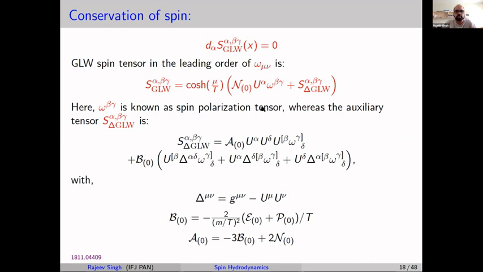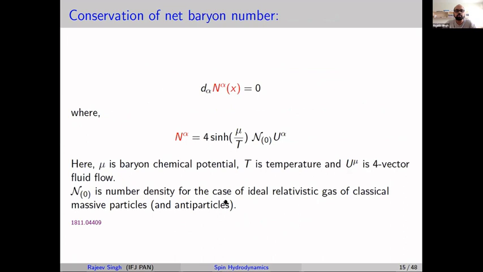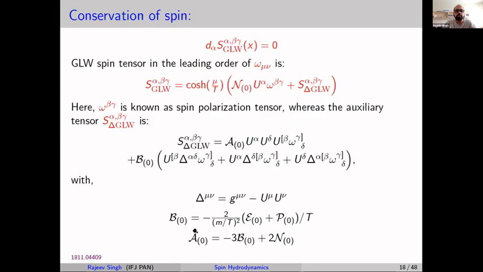I'll tell you more about this, but this is an antisymmetric second rank tensor, and this term can be written in this form, where A0 and B0 are the thermodynamical coefficients, which will be calculated from the solutions of these two conservation laws. And then we put this A0 and B0 inside, along with the flow vector U, and we solve this differential equation using the projection method.